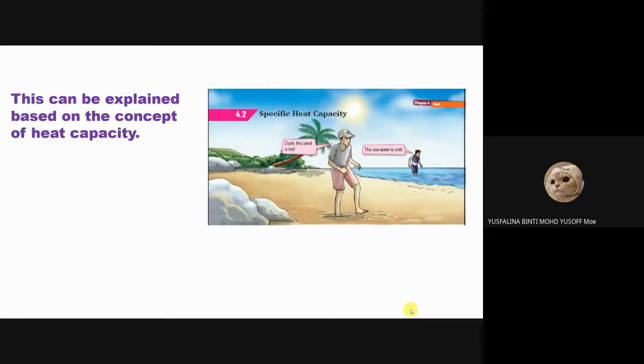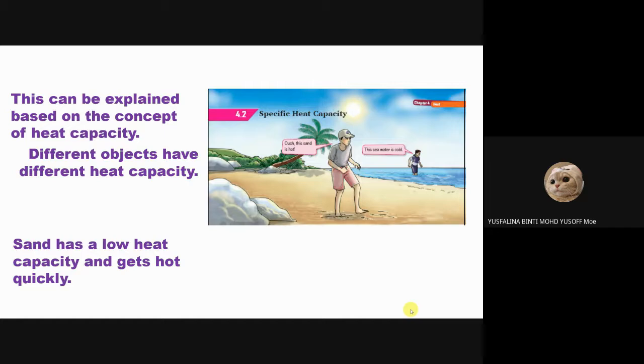This can be explained based on the concept of heat capacity. Different objects have different heat capacities. Since the sand becomes hot faster than the water, it means the heat capacity of the sand is lower, so it can heat up faster compared to the sea water.